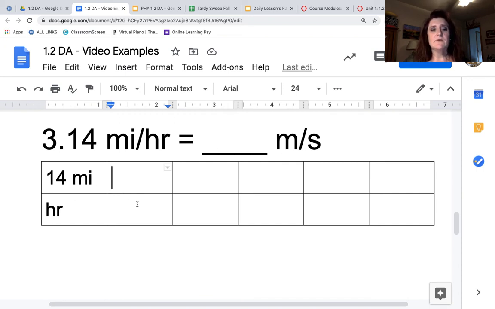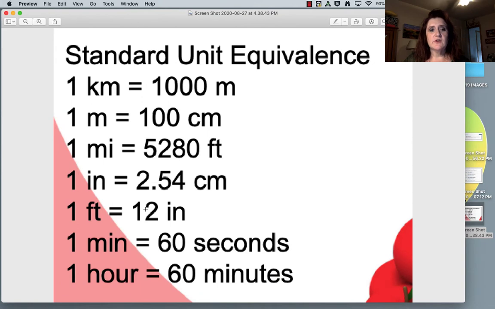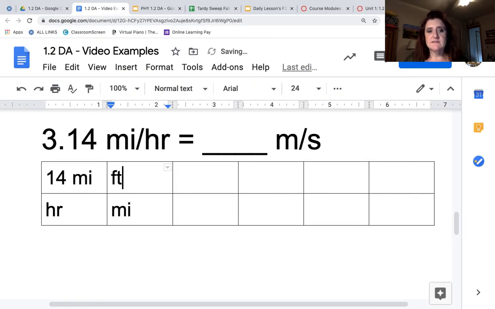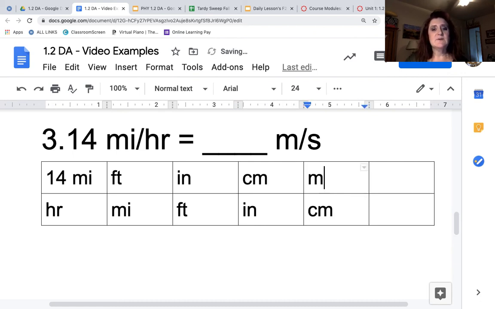If you tackle miles first, you're going to put miles on the bottom, and miles, according to your chart, turn into feet. Feet goes on the bottom, turns into inches. Inches goes on the bottom, turns into centimeters. Centimeters goes on the bottom and turns into meters. Meters is my top goal, so I want it to be on top.